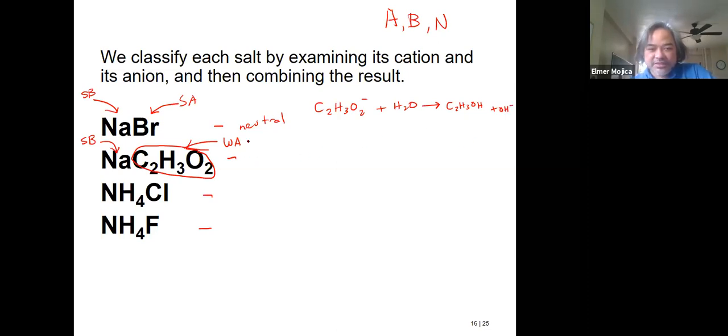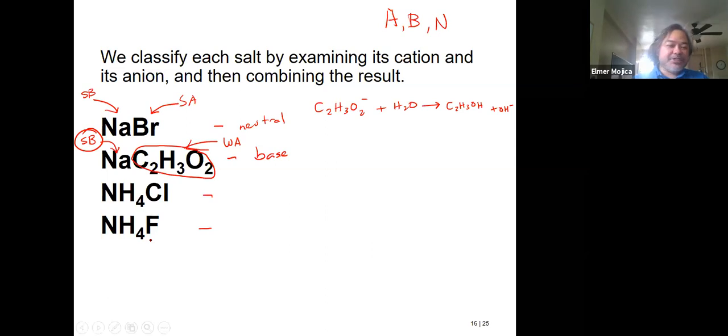So this will be, anyone? Base. Another way to know that this is a base is because it came from a strong base compared to the weak acid. Remember the rule in the world? The strong ones dominate.